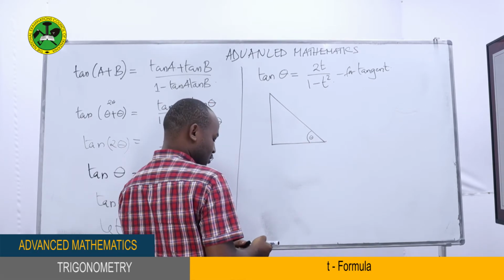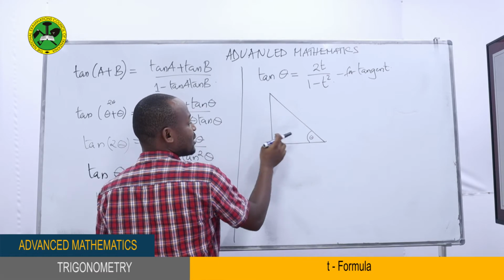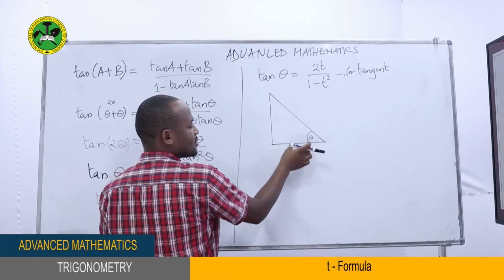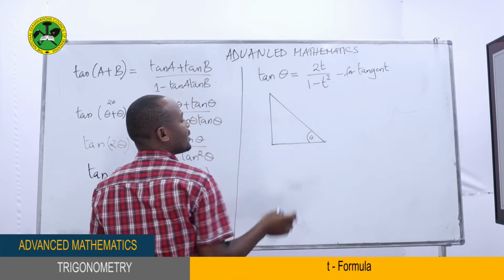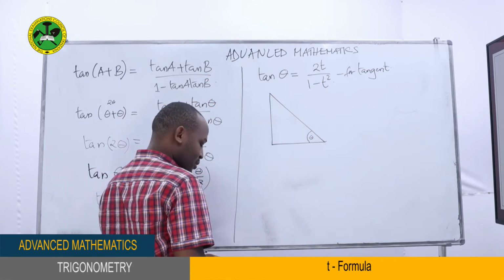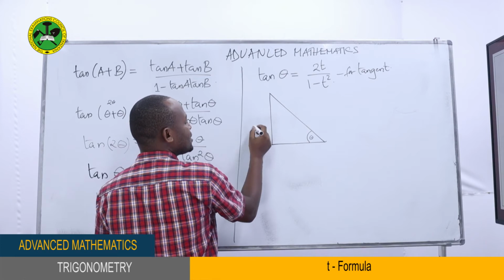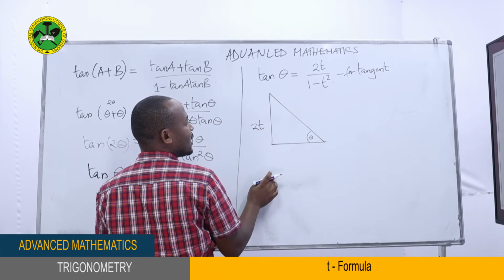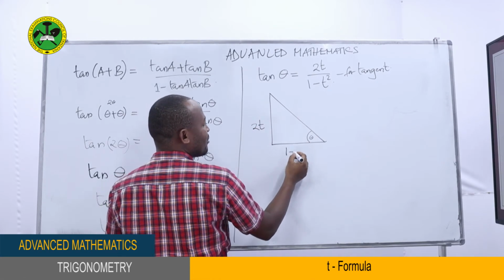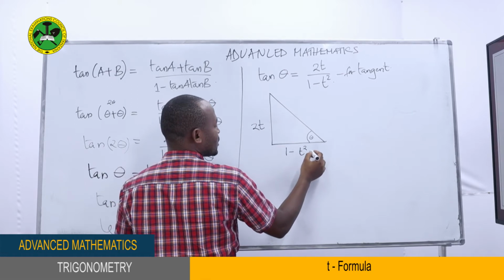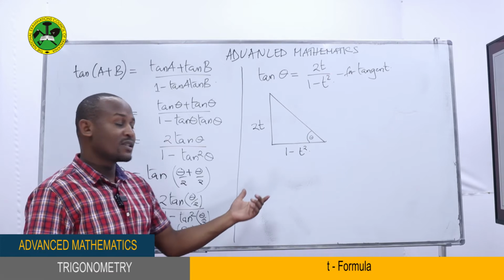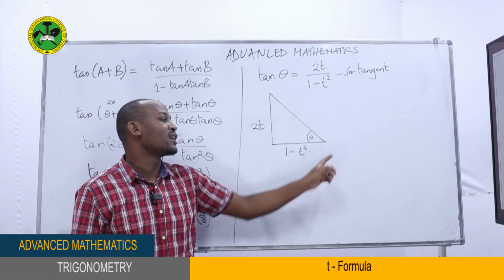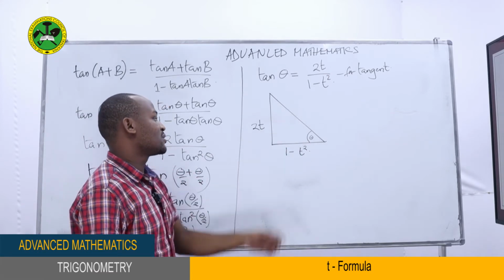We know that the opposite to that is this side, and the adjacent to that is this side. We know that tan is opposite over adjacent. That means the opposite is 2t, and the adjacent is 1 minus t square. That is to say, my dear student, we can find the hypotenuse to that.